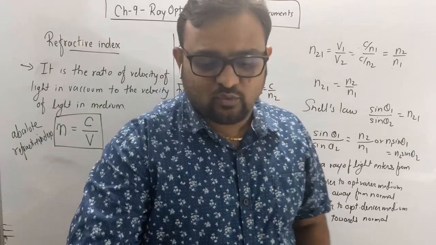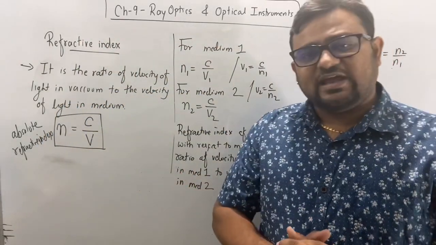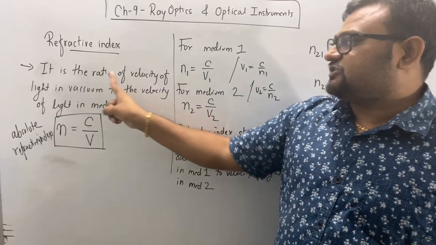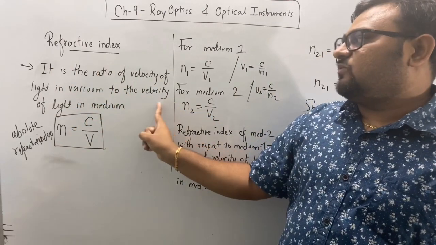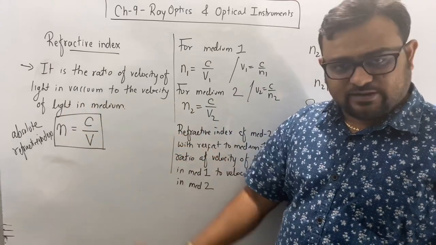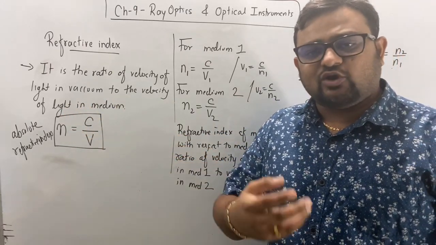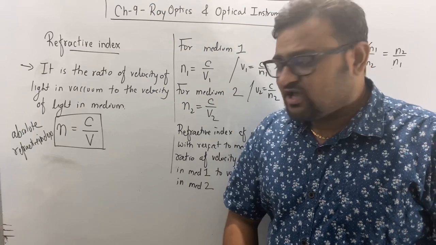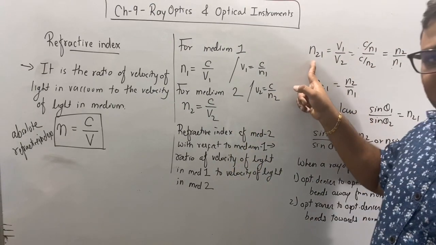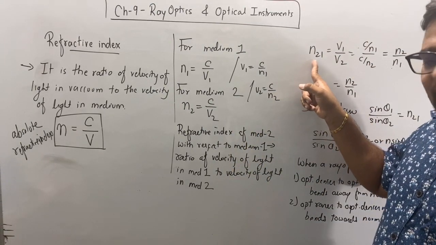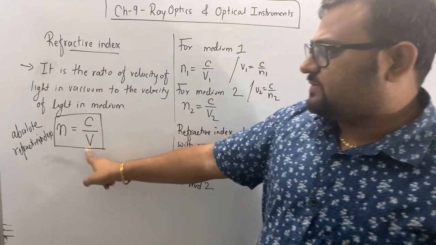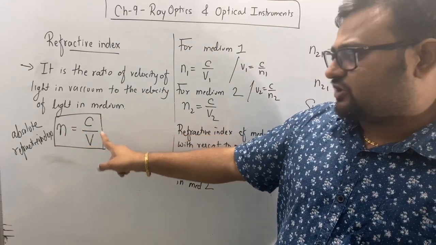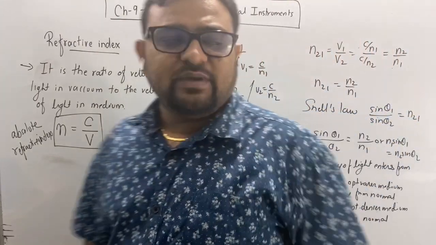Okay, so I'm repeating once again. What is refractive index? It is the ratio of velocity of light in vacuum to the velocity of light in medium. That is the absolute refractive index. This is the relative refractive index of 2 with respect to 1. So the formula is n equals c by v, where c is velocity of light in vacuum and v is velocity of light in medium.